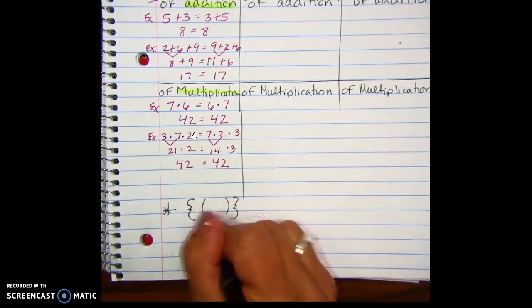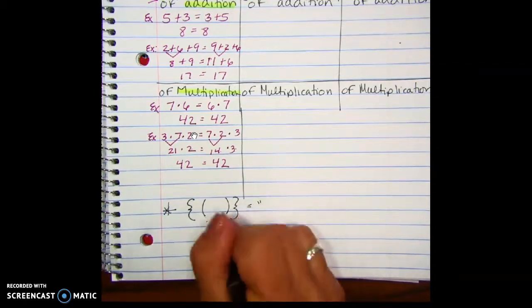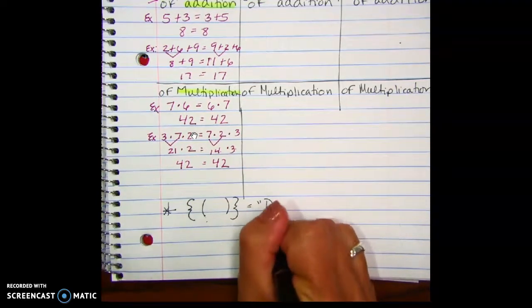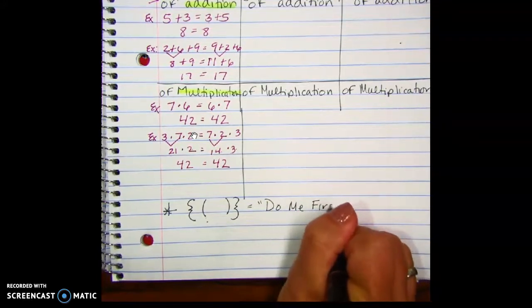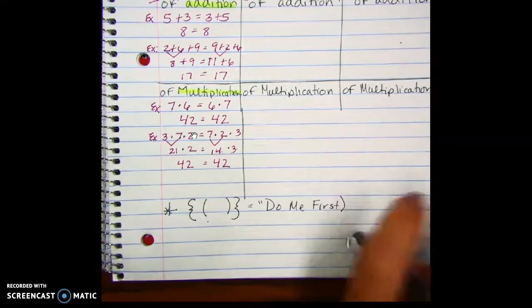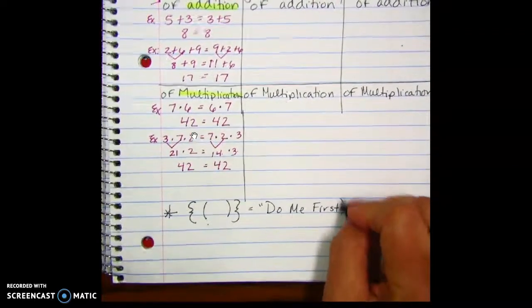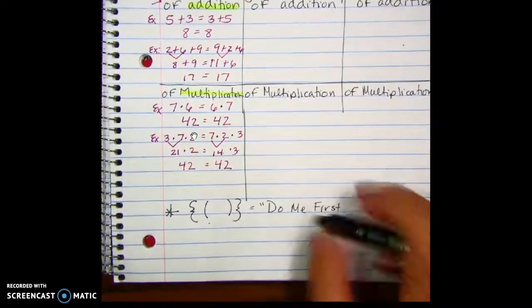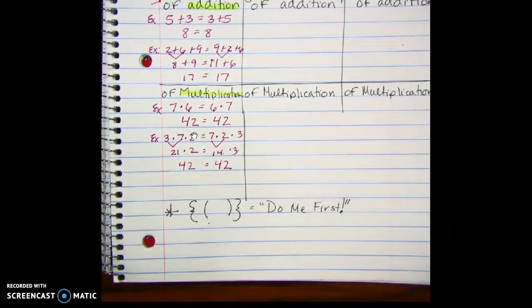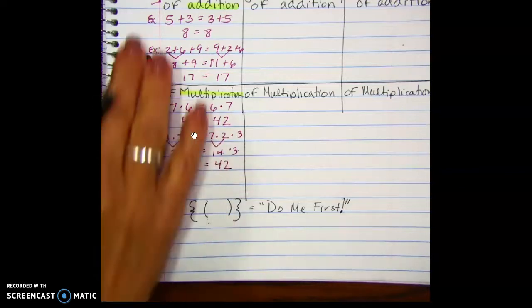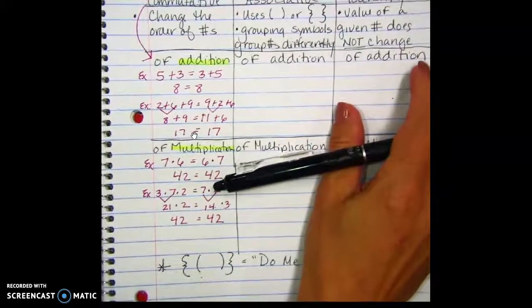When we have parentheses or brackets, what those are telling you to do is "do me first!" That is the first place you're supposed to start with mathematical problems. Okay, that's why I put it in quotes and I put an exclamation, because we think of those parentheses as yelling, using their hands to help you understand.